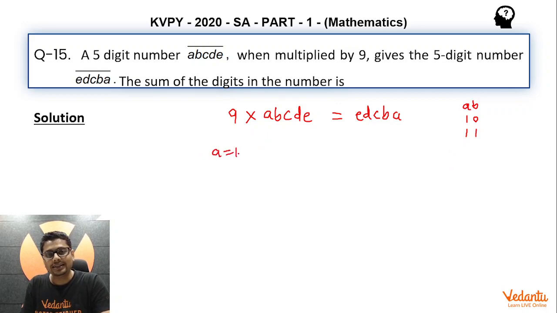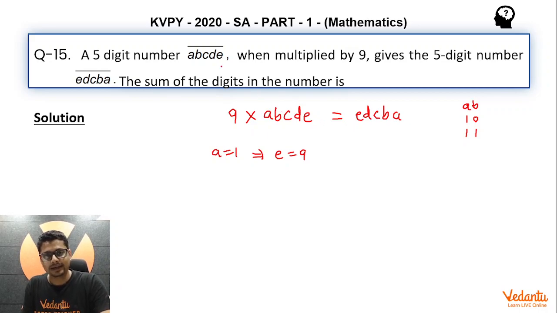Now, if A is 1, that means E has to be what? 9. You may see this by the 10,000 place digit: 9 multiplied by 1 gives you 9, and it can be at max 9 only, because it is supposed to be a 5-digit number. 9 is the highest possible value that E can have, because E can be only a digit from 0 to 9.